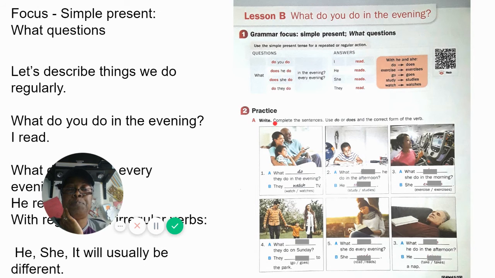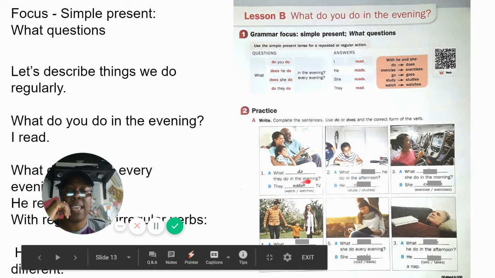Let's look at what our assignment is. Complete the sentences. Use do or does and the correct form of the verb. So in the question part, they want you to use do or does. And in the answer part, they want you to choose the correct form of the verb.